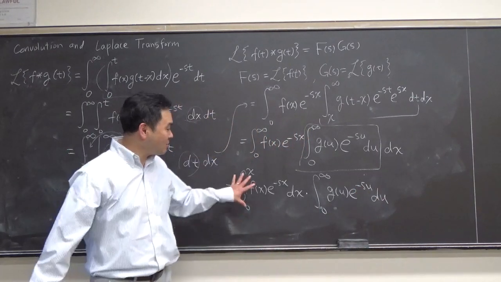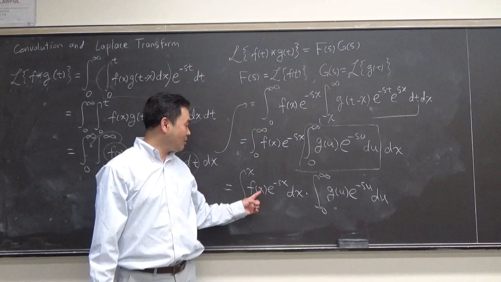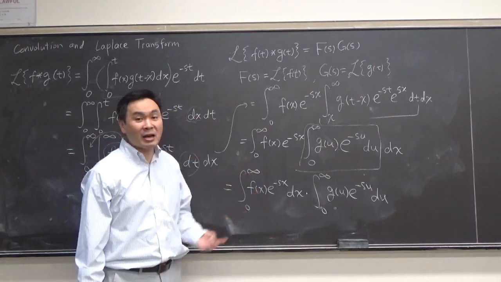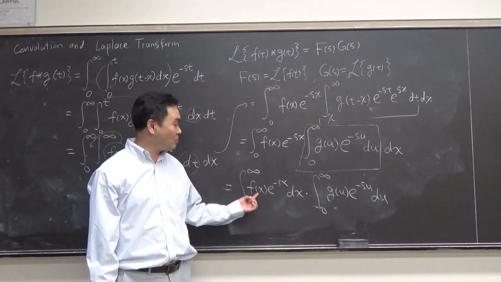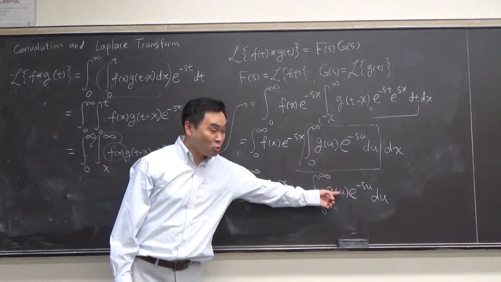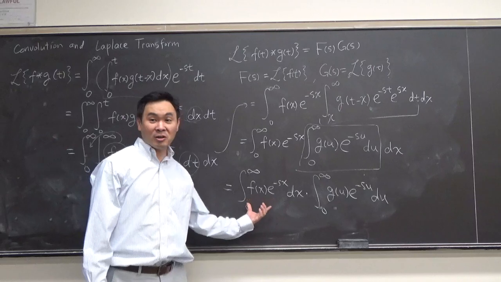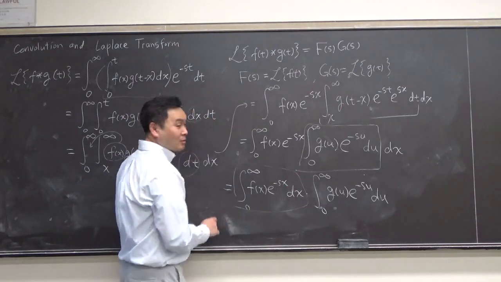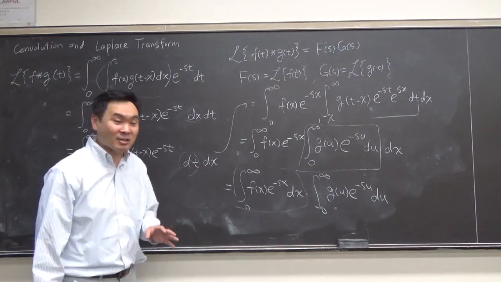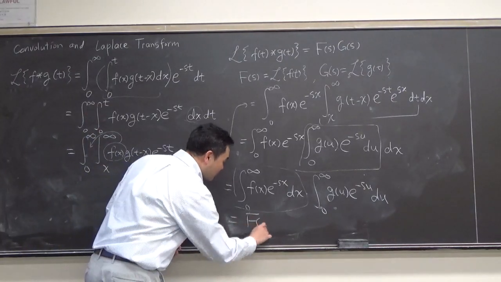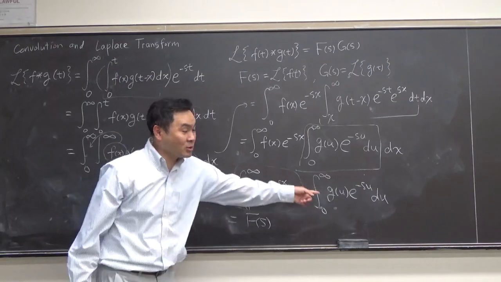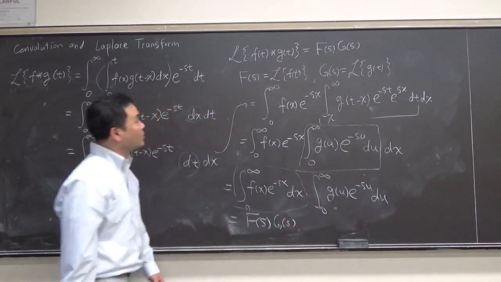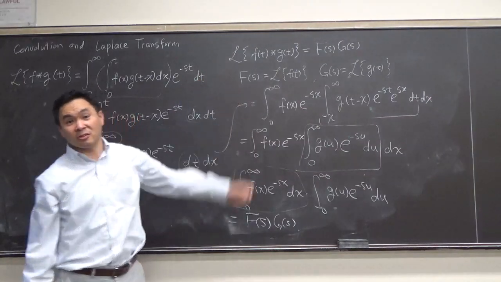Now these are separate integrals. It doesn't matter whether you use x or t. If you replace x by t and u by t, what does this become? Big F of s, the Laplace transform of little f of t. And what's this one? Big G of s. So that proves this, right?